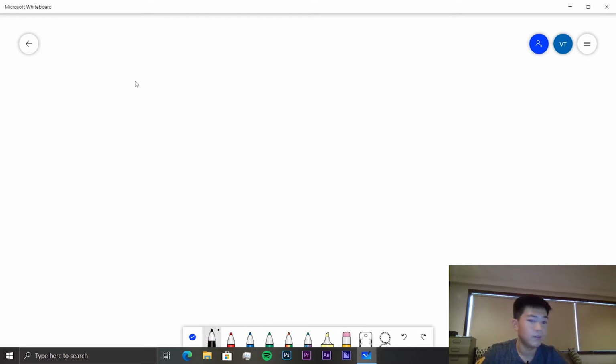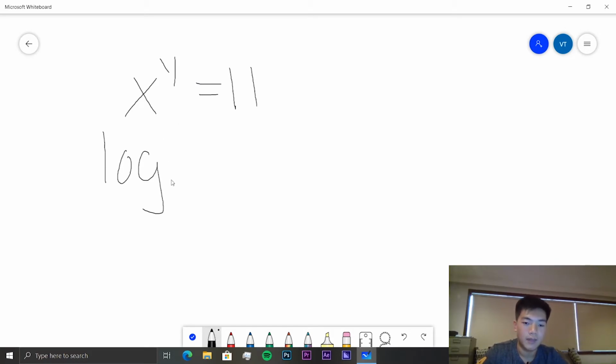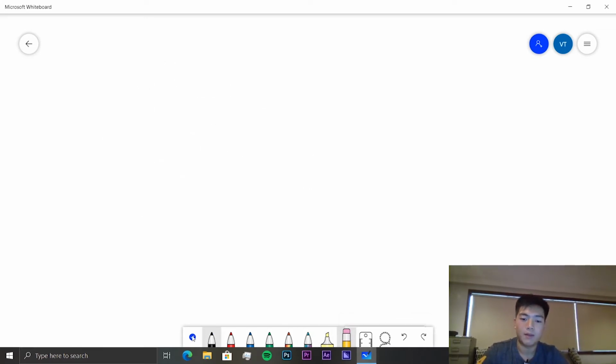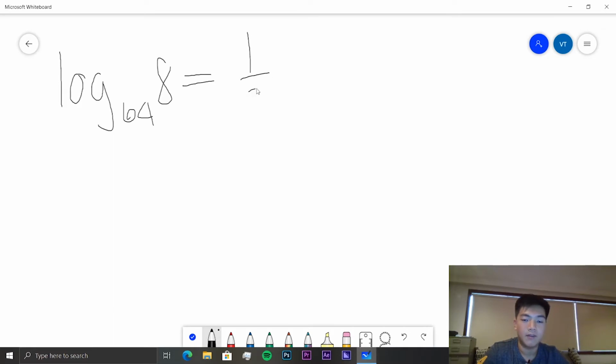Next, we have x to the y is equal to 11. So we have log base x of 11 is equal to y, since in order to get from x to 11, we have to raise it by y. Next, write each of the following in exponent form. This one is log base 64 of 8 is equal to 1/2.